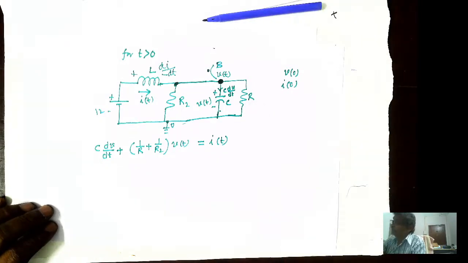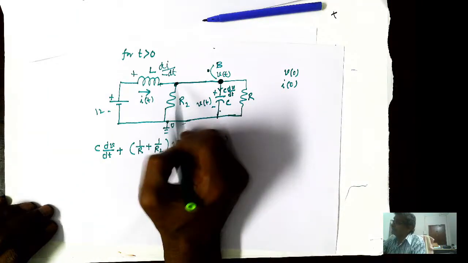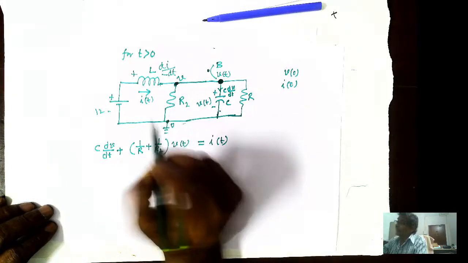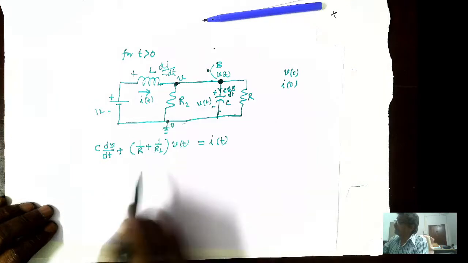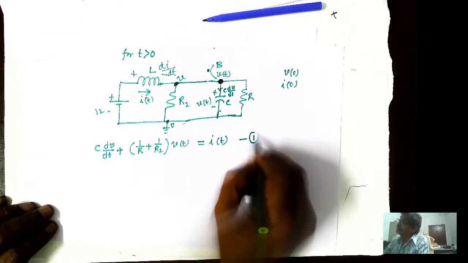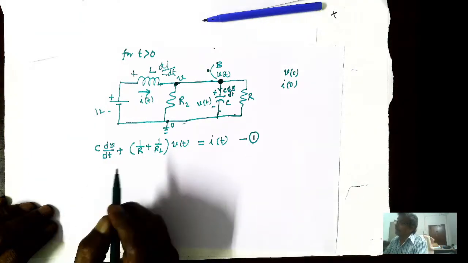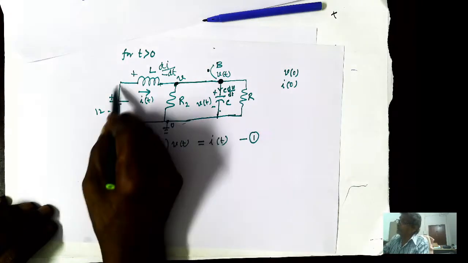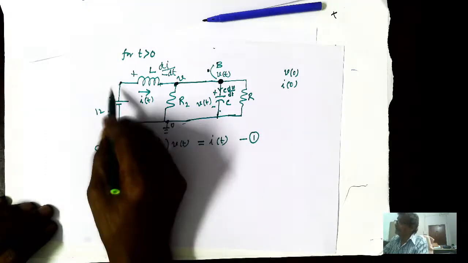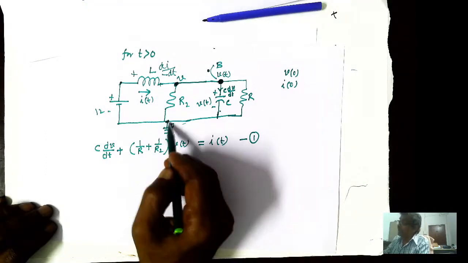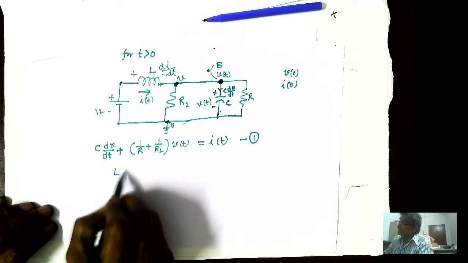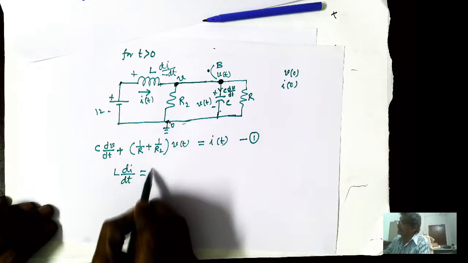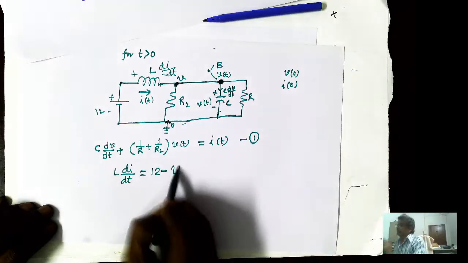And the potential of this point with respect to this is V, the same V appears here. Therefore L di/dt is equation 1, and equation 2 will be: the voltage of this point with respect to this is 12, this is V with respect to this point, therefore L di/dt must be equal to 12 minus V. That is the thing.